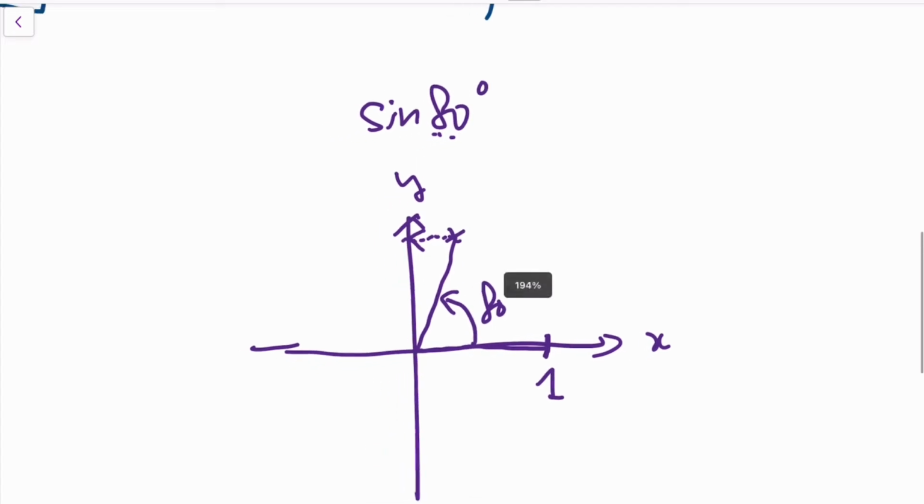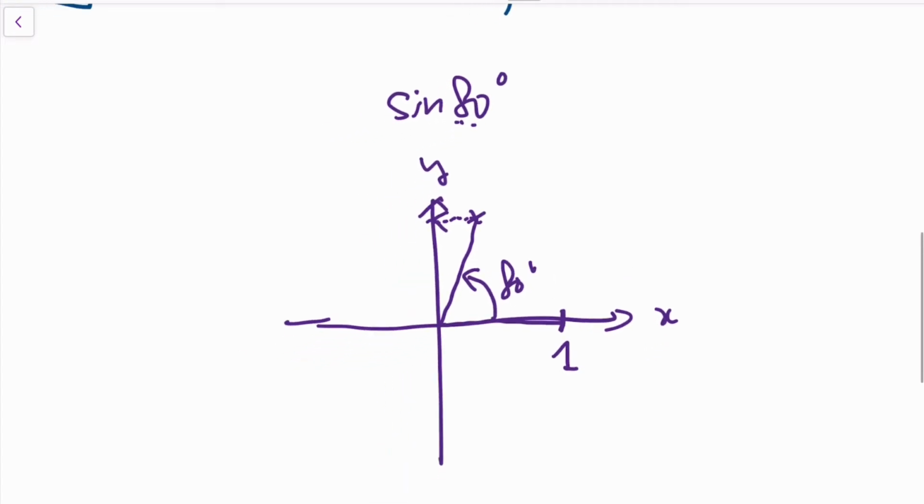Now, why do we bother with the new definition? The answer is because now we can properly find sine 100. We do the same thing. We find a line of length 1 and then we rotate that line by 100 degrees. So 100 is bigger than 90, so we'll go to that side.